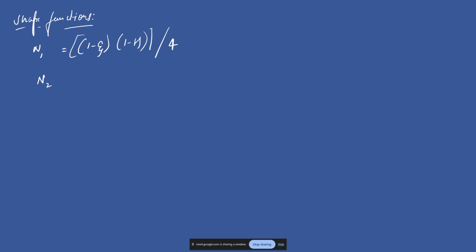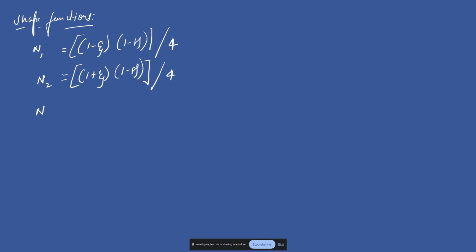Then you have N2, which is (1 plus xi) times (1 minus eta), the whole divided by 4.